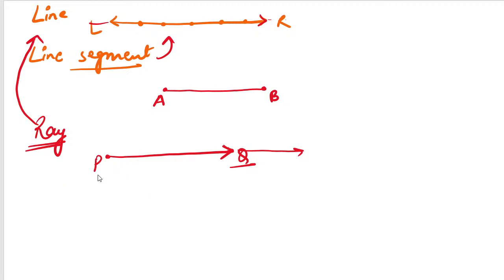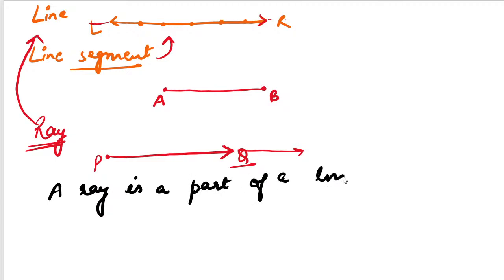What is a ray? A ray is a part of a line. It is a part of a line, but it has no end point, okay.